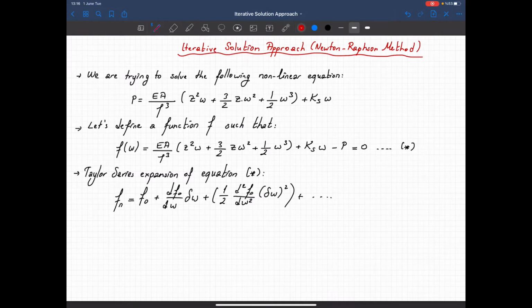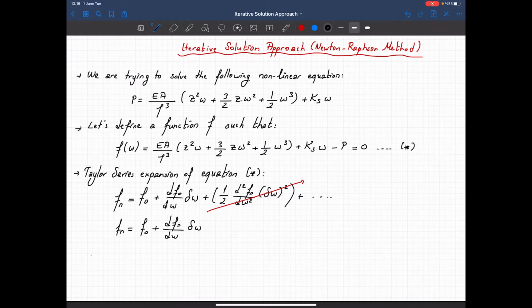So if we ignore the higher order terms, we end up with the following equation: Fn is equal to F0 plus dF0 over dW times del W.